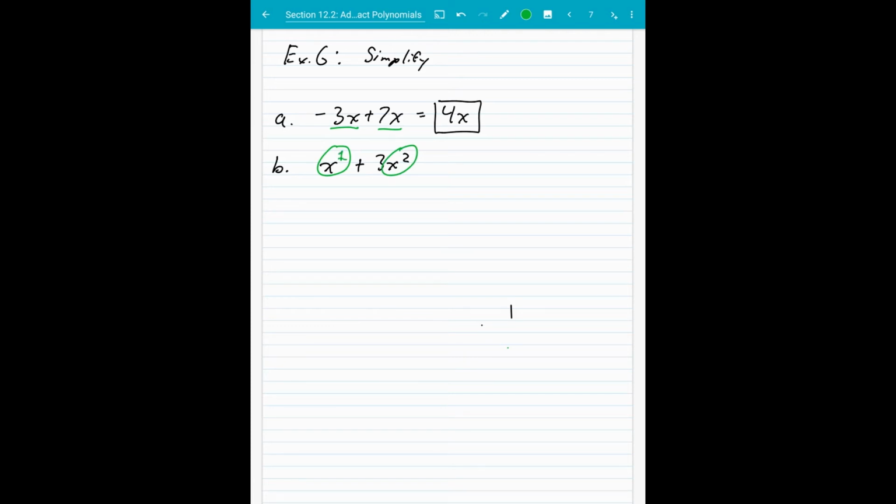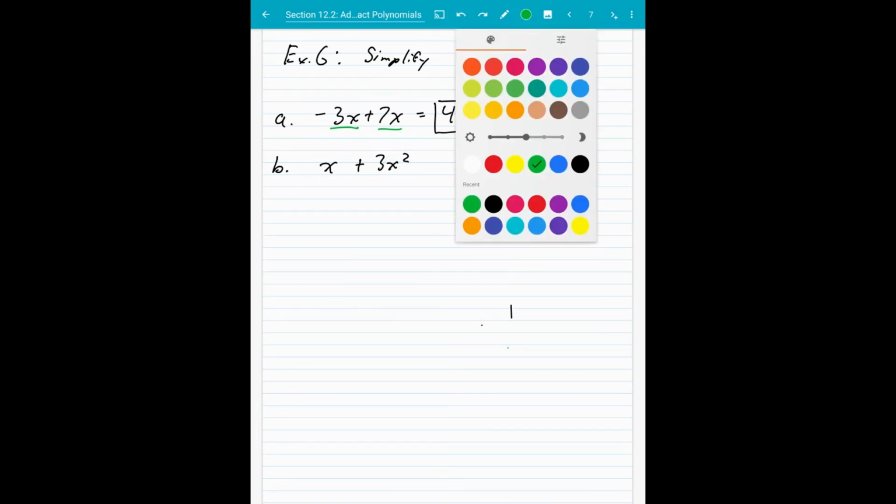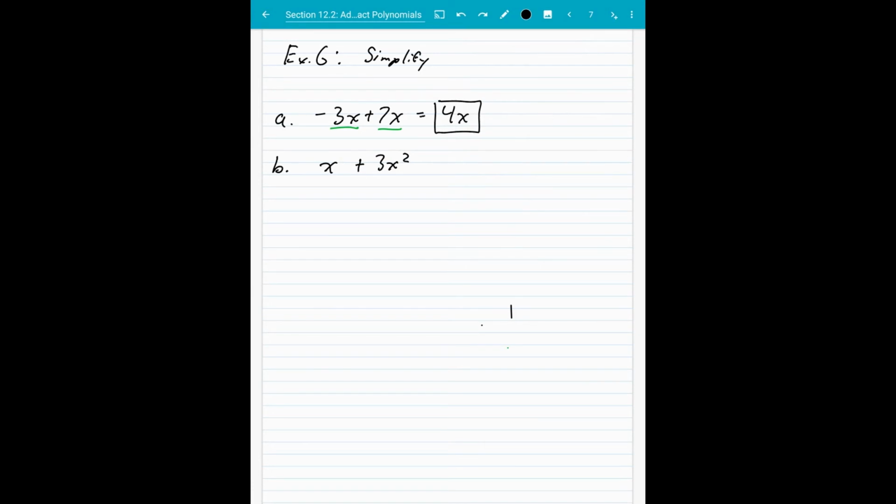So because the exponent is a 1 and not a 2, we can't combine them together. So for b, we would just say that it's already simplified, or we cannot simplify it. This one would be your final answer. Can't do anything with it.